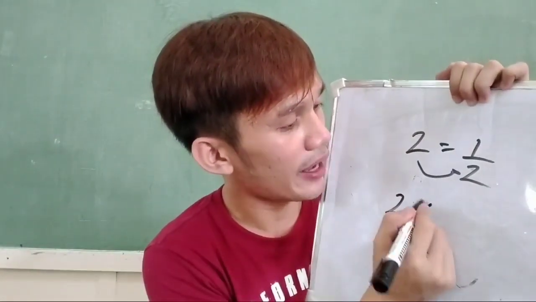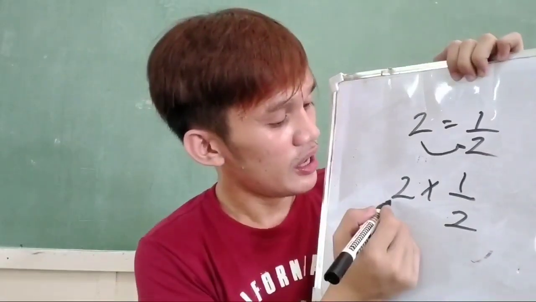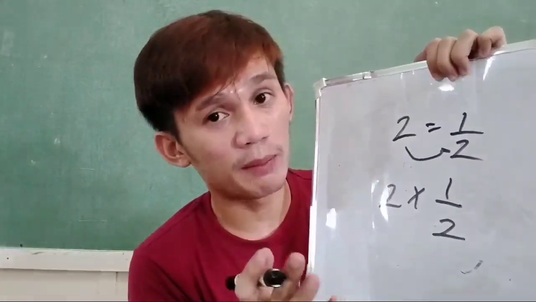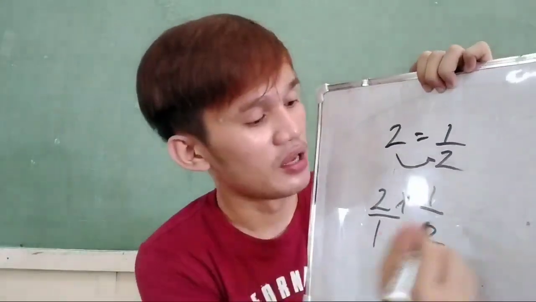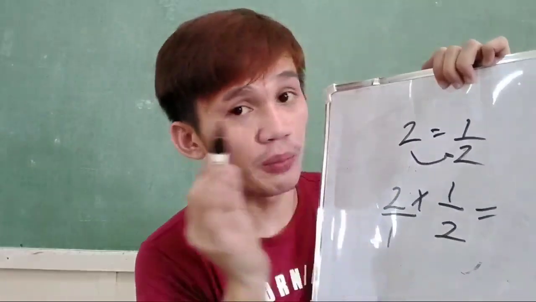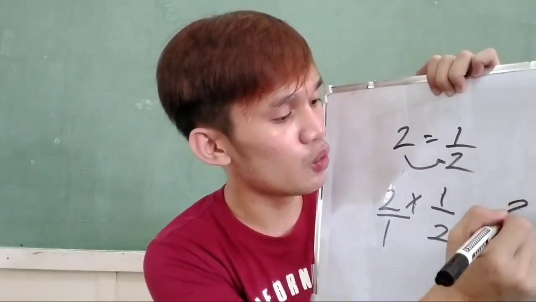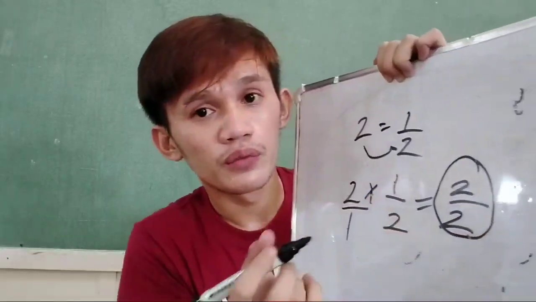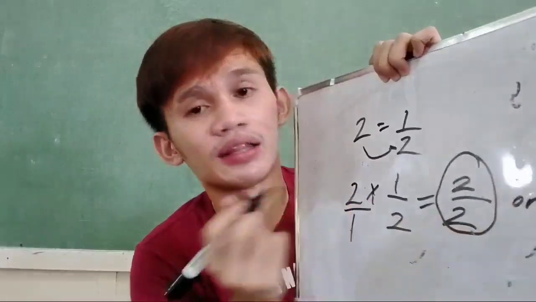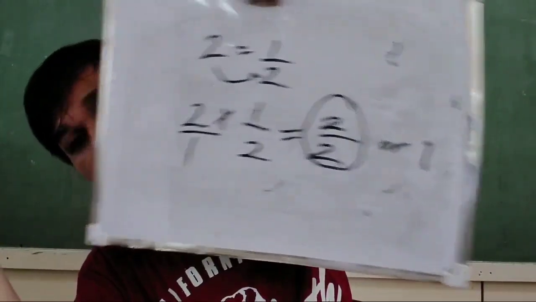So this is 2 times 1 over 2. And we all know that any whole number always has a denominator which is 1. So if you multiply numerator to numerator, denominator to denominator, 2 times 1 is 2, and 1 times 2 is 2. 2 over 2 is simply 1.